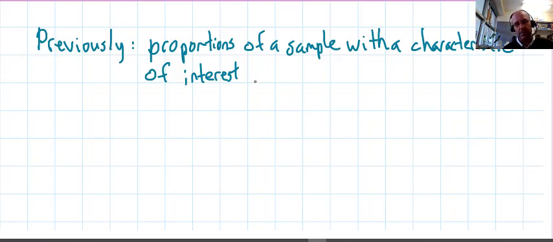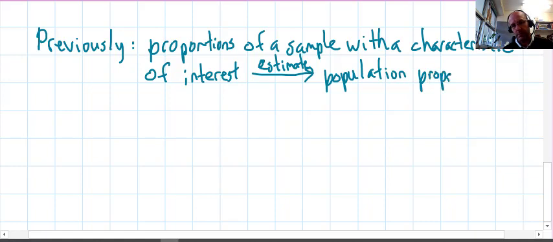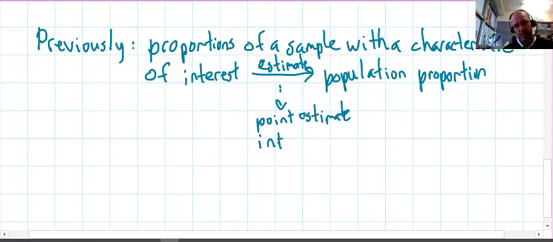This is what we've done previously, and hence we would use it to estimate, or hopefully it would be a good estimate of, the population proportion, the population parameter, with that same characteristic. Now that can be done when we talk about estimates. That can be a point estimate, which is like a one-off, and fingers crossed hopefully that's a good one. And in the past you would have seen interval estimates, like a confidence interval, for example.